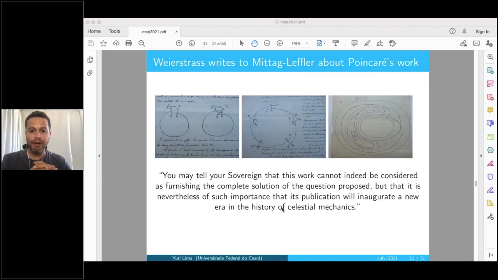So he contacted Mittag-Leffler and asked him to stop printing the volumes that were in print. And Mittag-Leffler said, "Okay, I can stop, but we have already printed many. What do we do with them?"